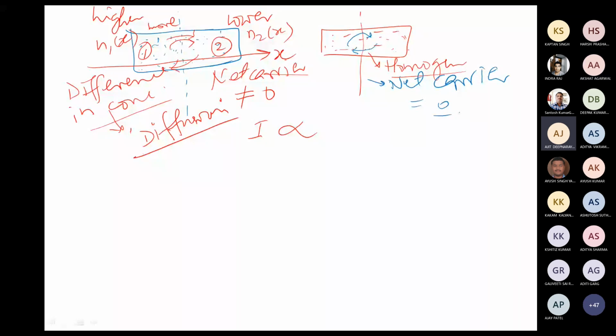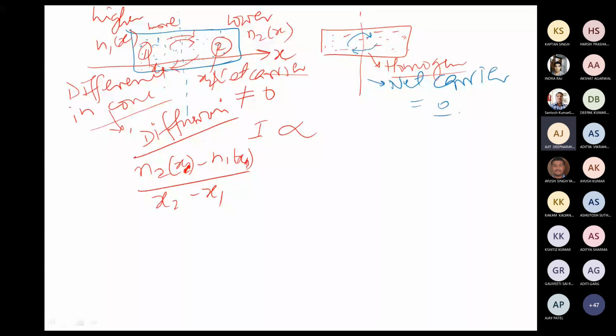So we can relate the difference in concentration like this: the difference N2 minus N1, divided by x2 minus x1, where N2 is the concentration at x2 and N1 is the concentration at x1. We may also write it as a function of x.